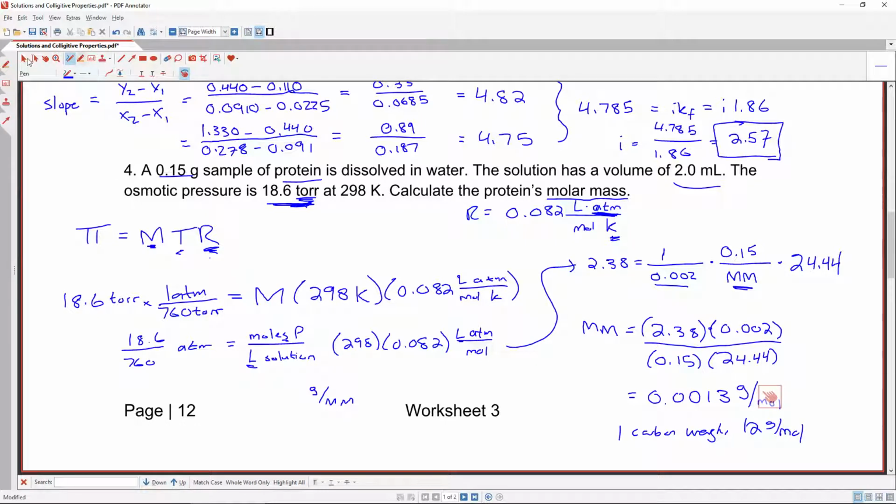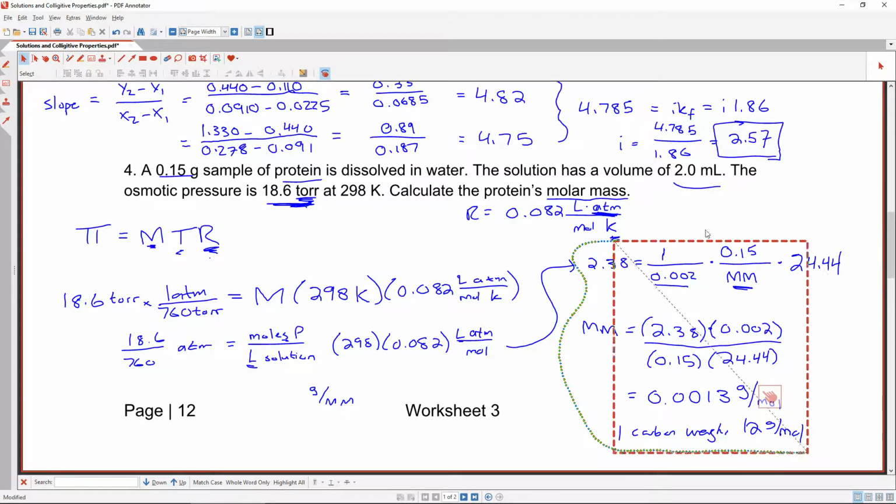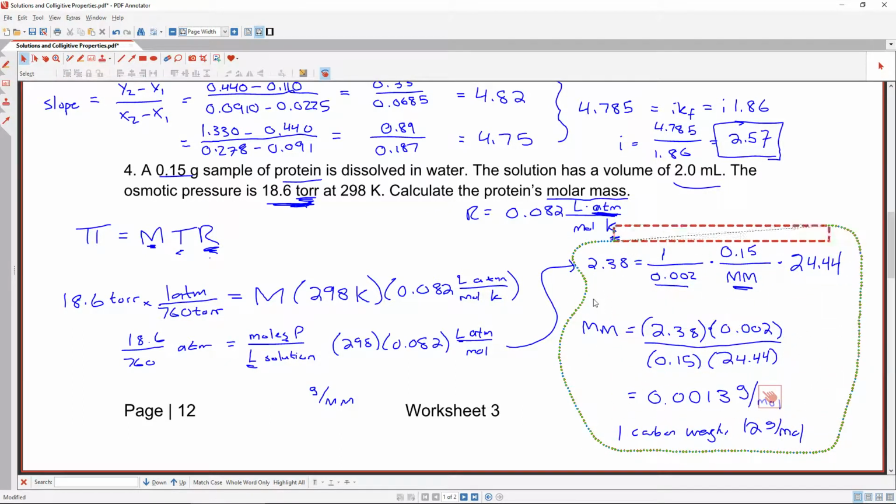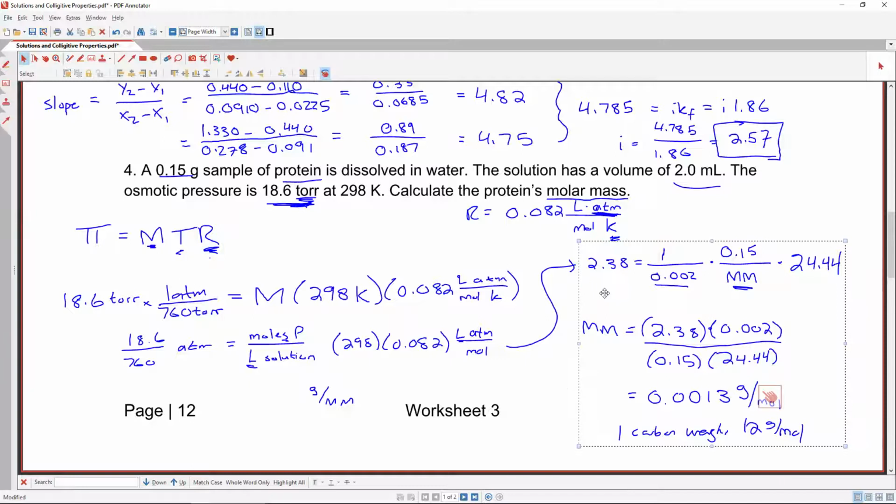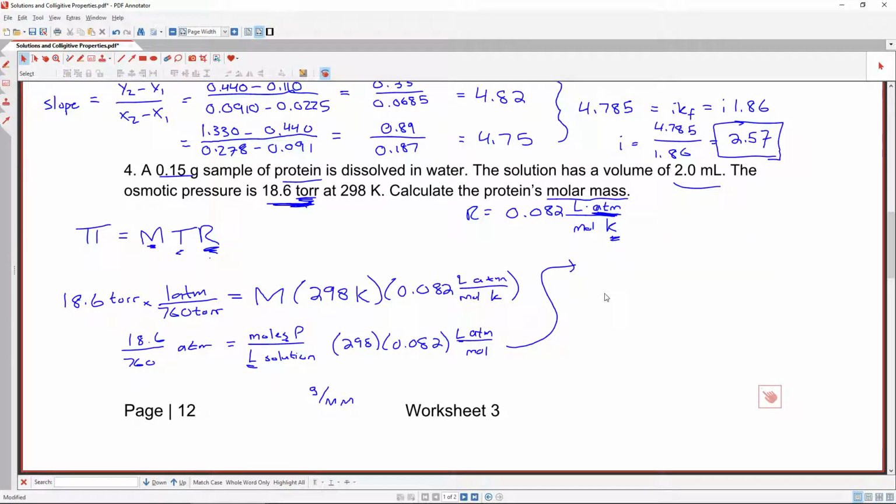I have an idea. Let's erase this stuff over here. Right, and then what we're gonna do instead, in fact, let's erase this and all of that.